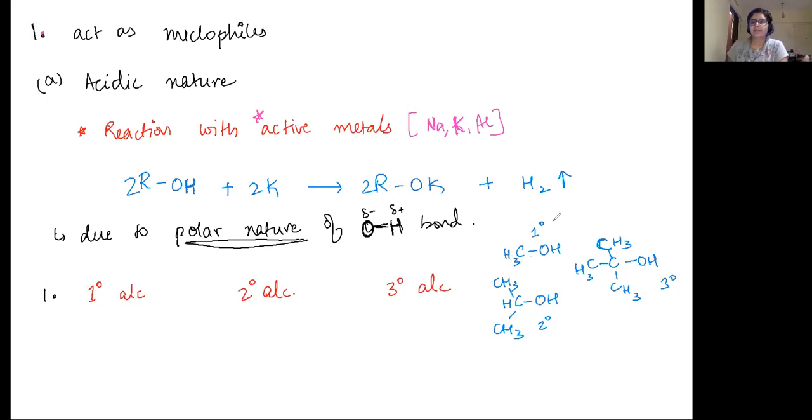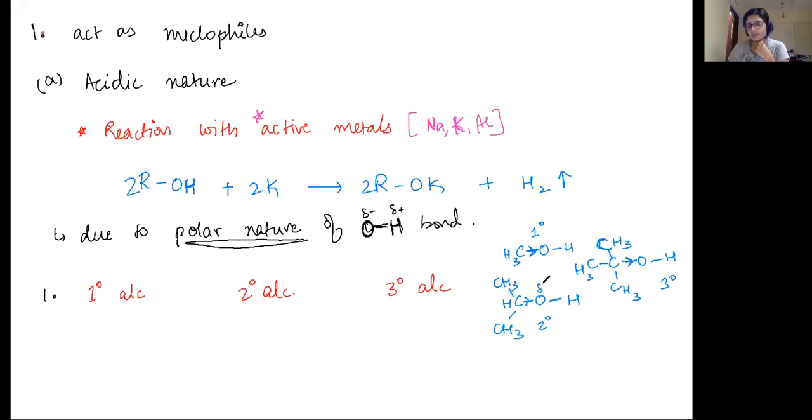Yes. So if they donate electrons, electrons are shifting more towards oxygen. Then will the polarity of the OH bond be more or less? Jasmine says, yes, it will decrease, right?